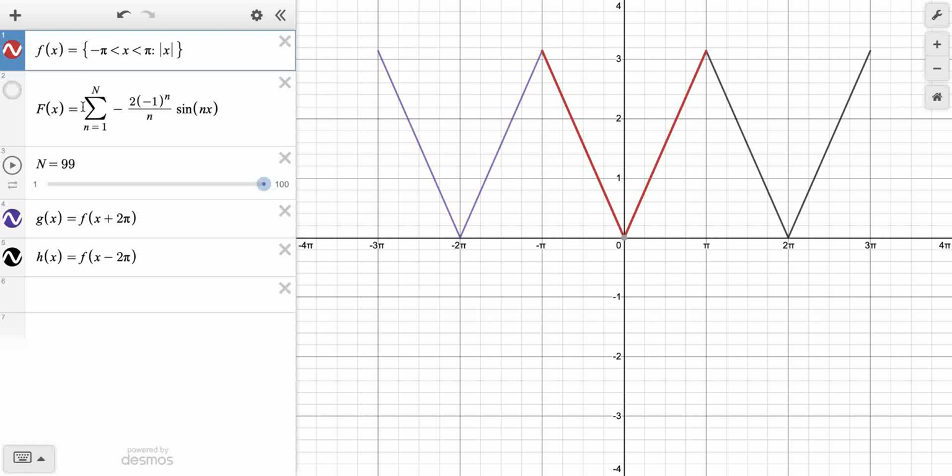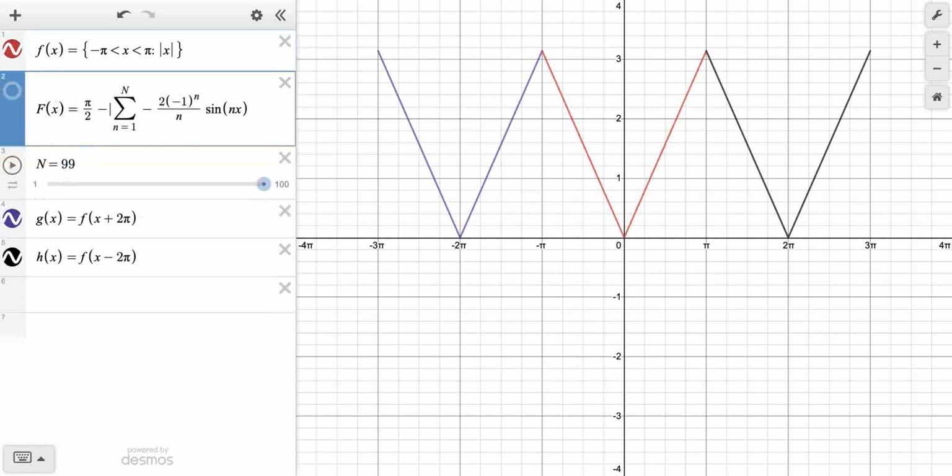And we obtained that the Fourier series, if you look at last week's notes, is pi over 2 minus 4 over pi times cosine of (2n plus 1) x over (2n plus 1) squared.